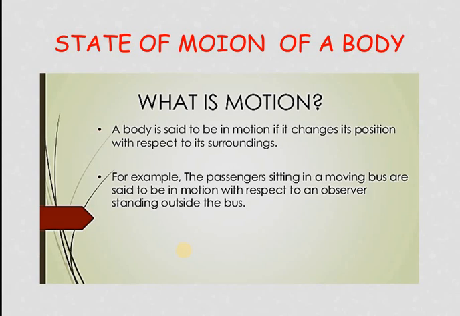When you stand there in the waiting shelter, your surrounding is that bus stop. So, with respect to that bus stop, the positions of all those vehicles are changing. So, when an object changes its position with respect to the surroundings with time, it is said to be in a state of motion.